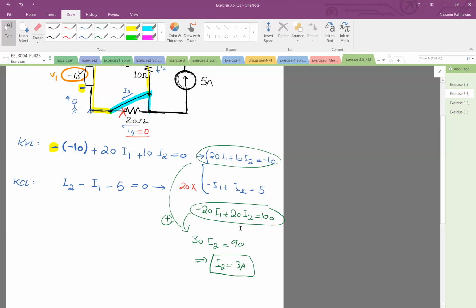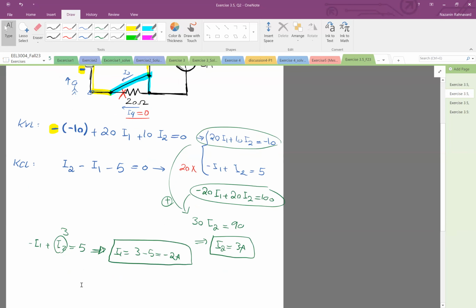Okay, very good. Now that I have I2 as 3 amp, I just replace it here. You saw negative I1 plus I2 equals 5. Now I2 is 3, so I1 is equal to 3 minus 5, which is negative 2 amp. And it's totally fine to have a negative current or negative voltage. It depends on the polarity and direction.